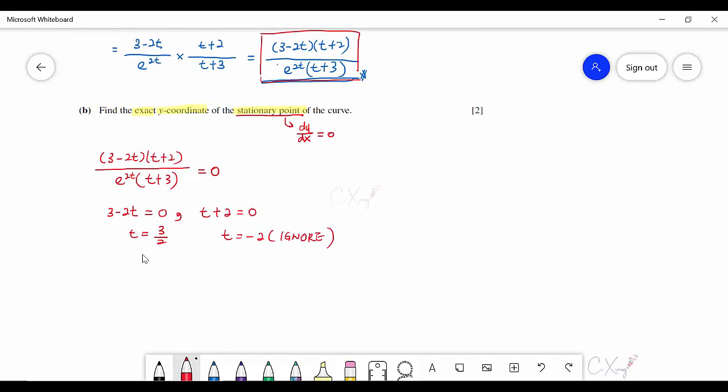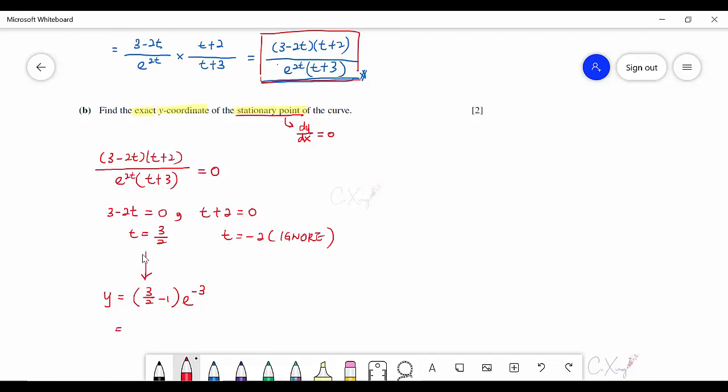I'll continue from this part. When t equals 3 over 2, I want to get the coordinate for y, so I will substitute into the y formula, which is t minus 1 multiplied by e negative 2t. After you simplify e negative 2t, you have e power negative 3.